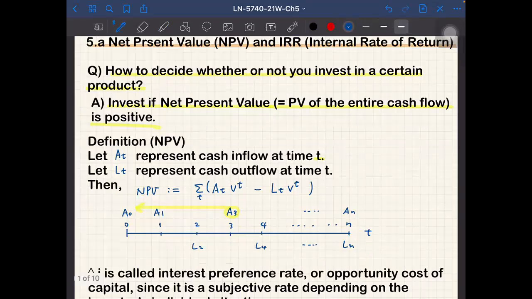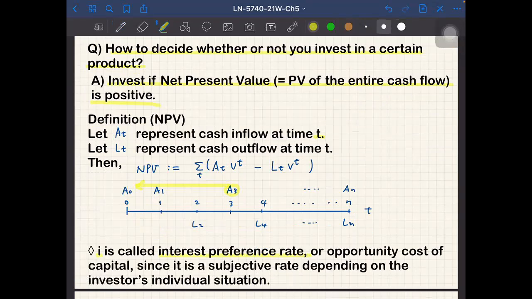And this i is called the interest preference rate. Sometimes we use IPR, or opportunity cost of capital. So we don't say this is the annual effective rate, because this is a subjective rate depending on the investor's individual situation.